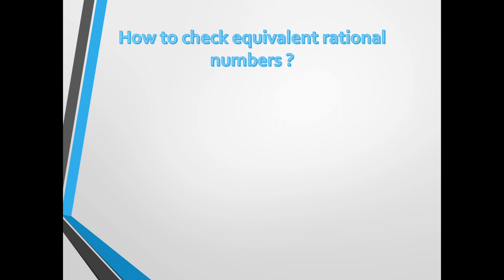How to check equivalent rational numbers? Suppose there are two rational numbers and we have to check whether they are equivalent or not. By just doing cross multiplication, if both the products are equal, then we can say that both are equal. Now negative 4 is multiplied by 12 and 6 is multiplied by negative 8.